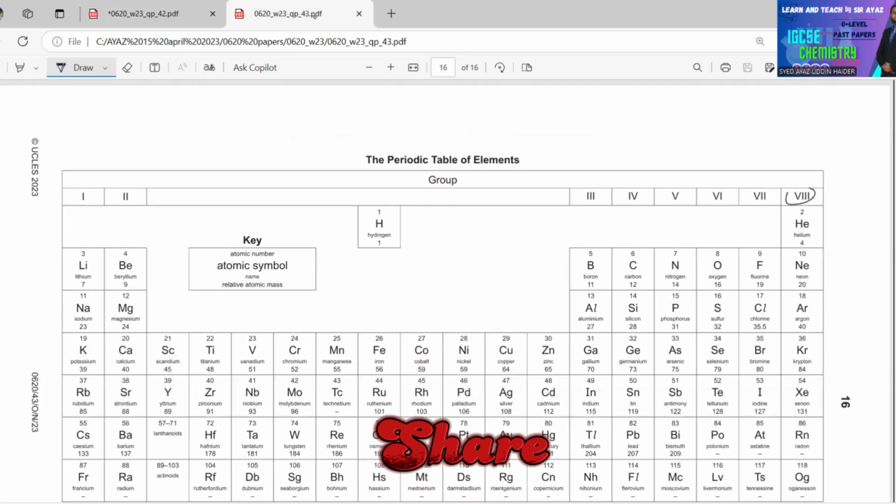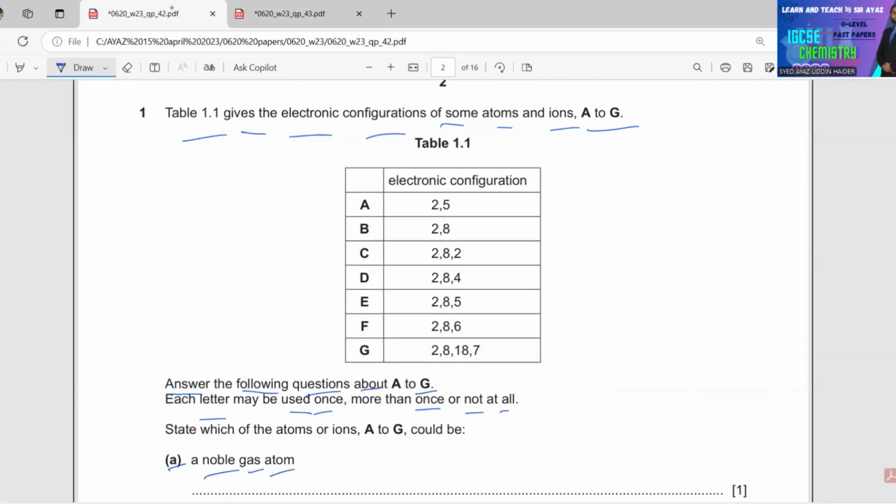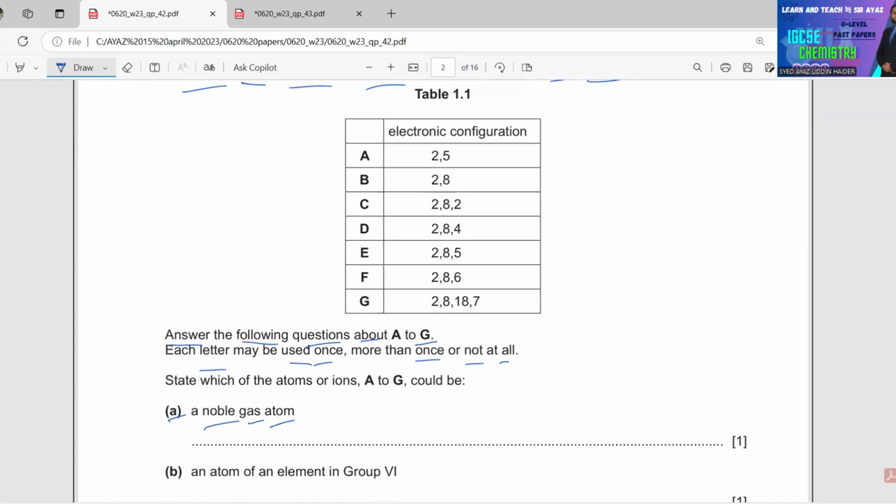Group 8 elements are noble gases. We have helium, neon, argon, krypton, xenon, radon, and oganesson. What's so special about group 8 is that except helium, they all have 8 valence electrons. So straight away, you will look at the 8 valence electrons. Helium is at top.